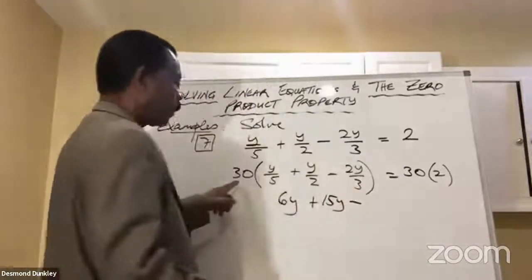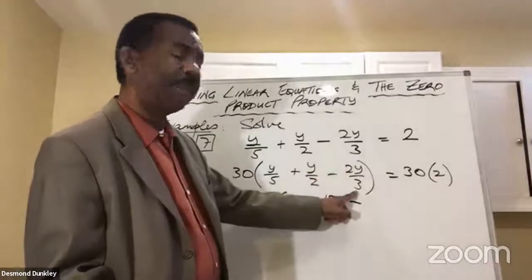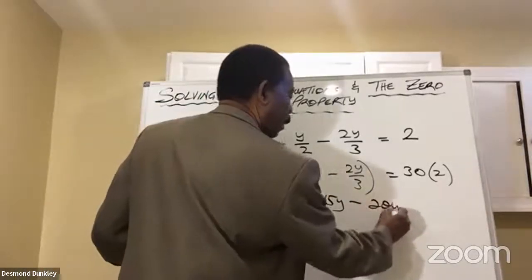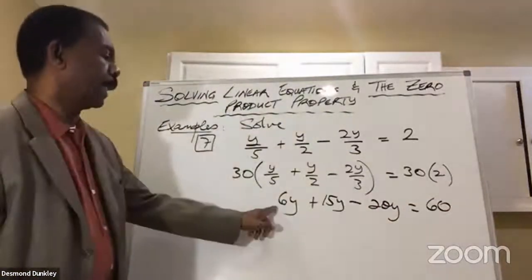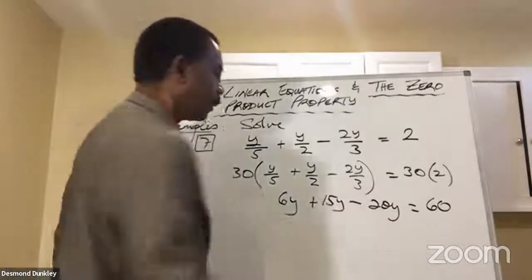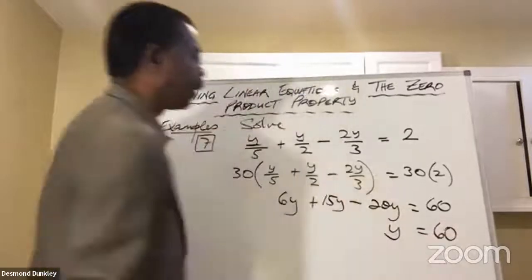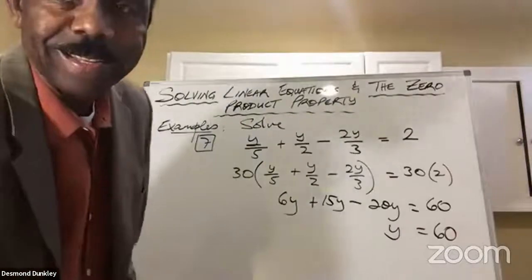Minus 30 times 2 is 60, divided by 3 is 20. Six plus 15, 21. Take away 20 is just 1. Wow. There it is.